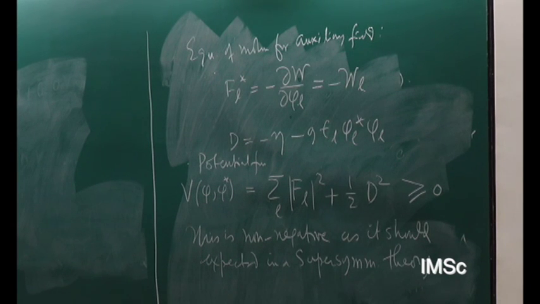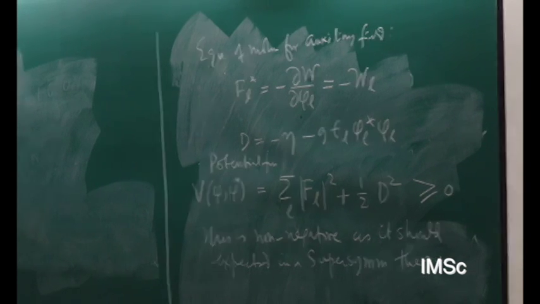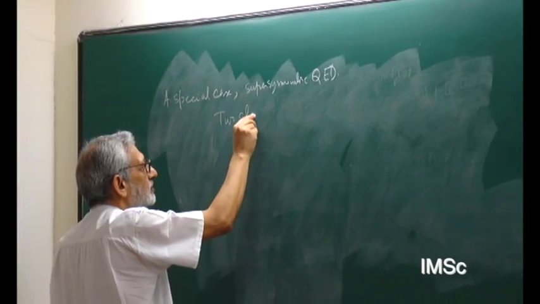So now let's specialize this to a special case, supersymmetric QED. Supersymmetric QED is made up of two chiral superfields.